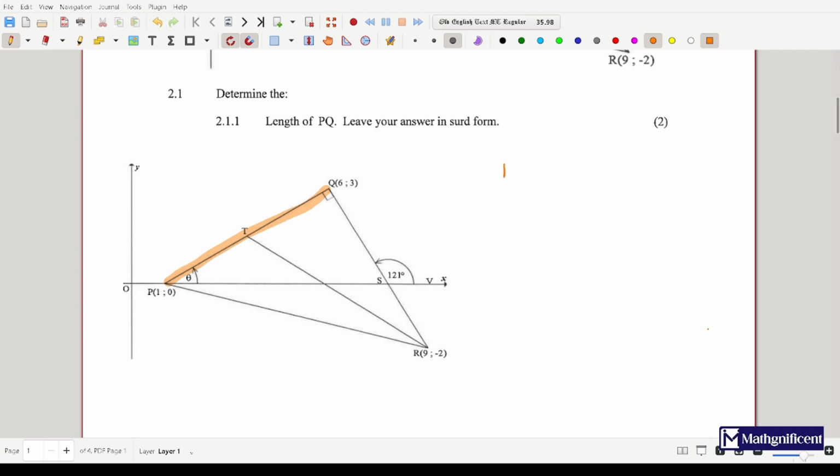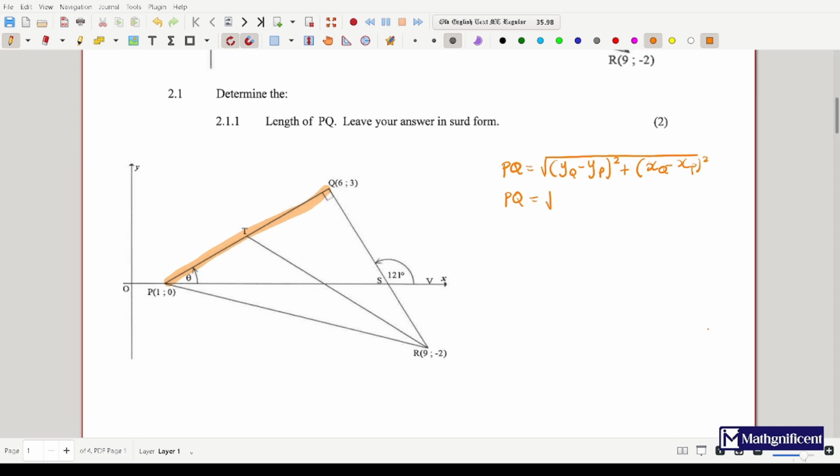So PQ is going to be equal to the square root of yQ minus yP squared, plus xQ minus xP squared. So this is what we have at the moment.